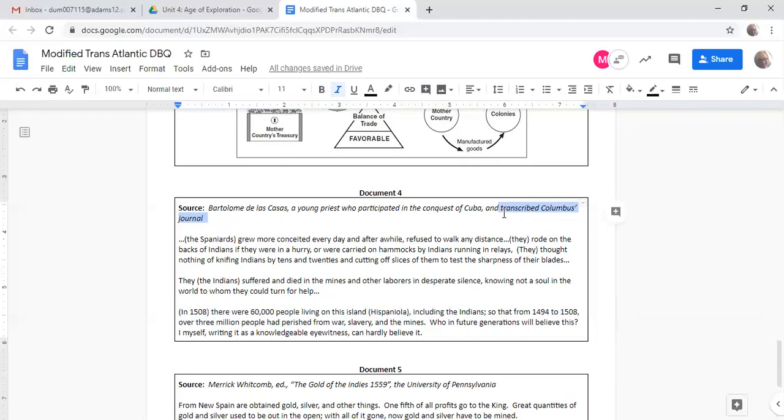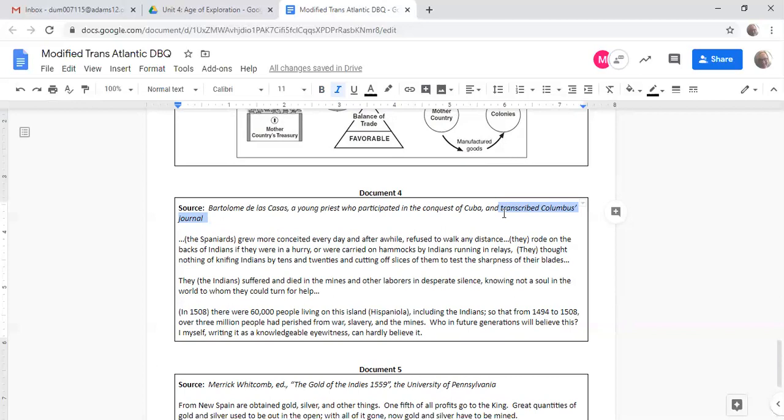I could say that we can trust Bartolome de las Casas to be truthful because he was there during this time. He participated in the conquest of Cuba. And so if he says that the Native American population was decimated, then it was most likely decimated. So you could attack it from the POV standpoint.